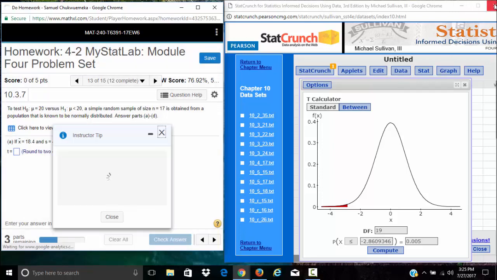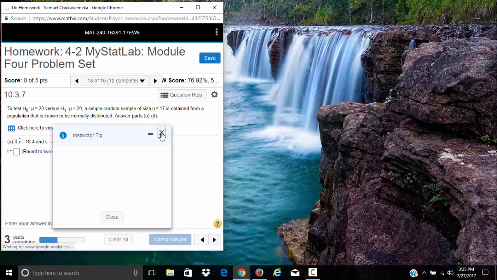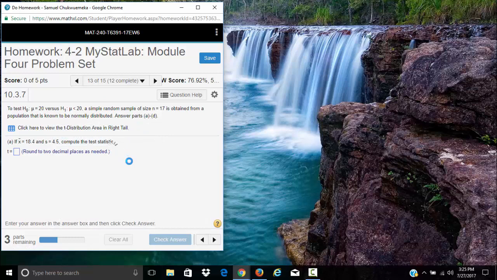Question 13. Later on, you can look at this instructor tip. You can look at it later on. This is also to test the null versus the alternative hypothesis.